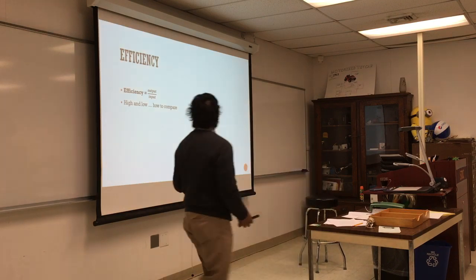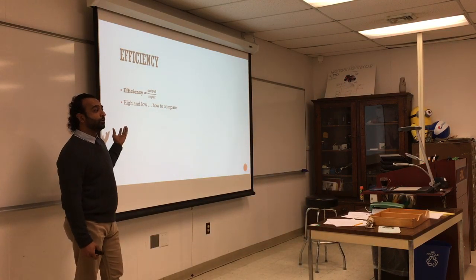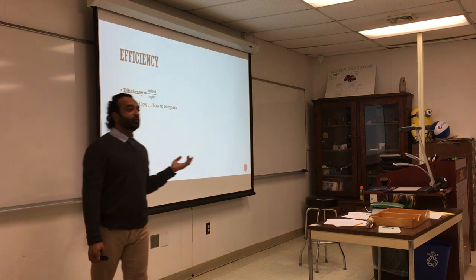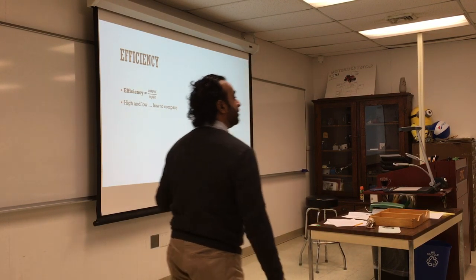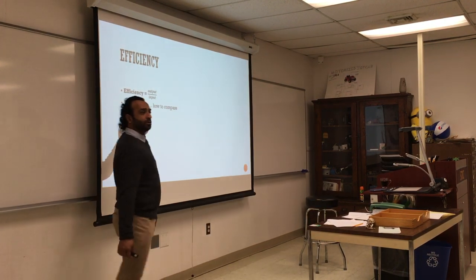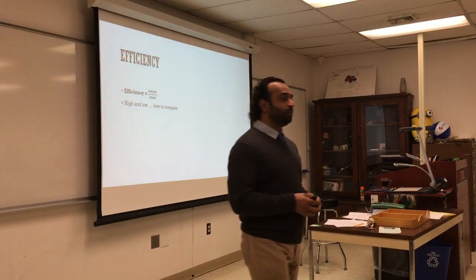We talked about efficiency and how it's very important to know how to define efficiency. You can't just say it's more efficient or just efficient. You have to specify what you mean by efficiency, what your output is, and what your input is. And we gave the example of a condensing boiler.